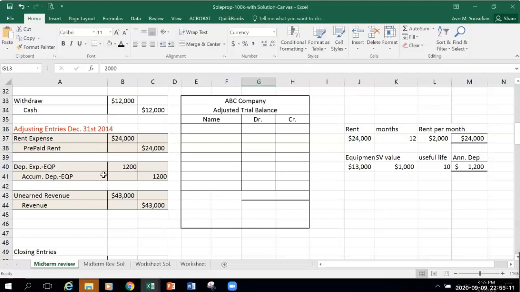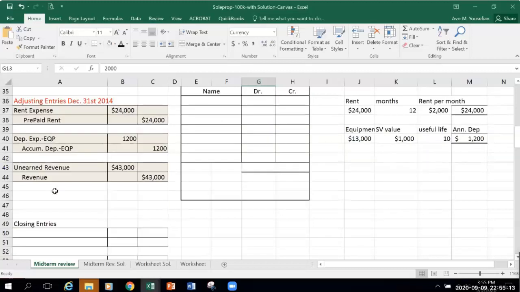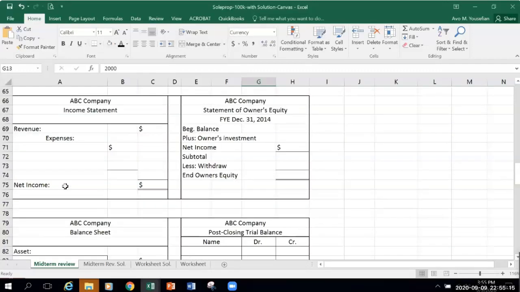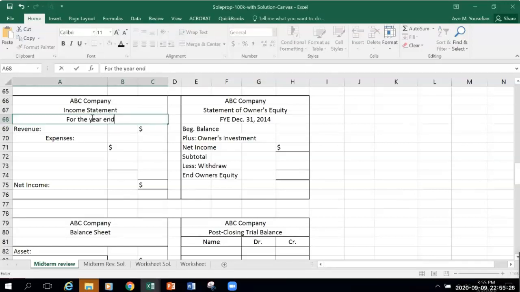So since this is ready, what you're going to do, you're going to prepare your financial statements. So you're going to say, okay, for the year ended December 31st, 2014, my revenue, this is why you say for the year ended, because this is for the whole year.